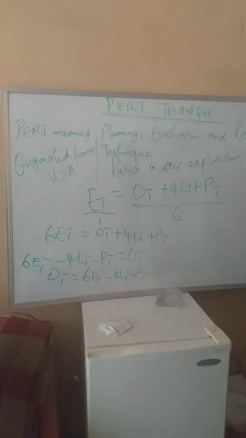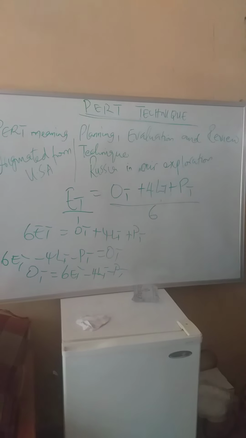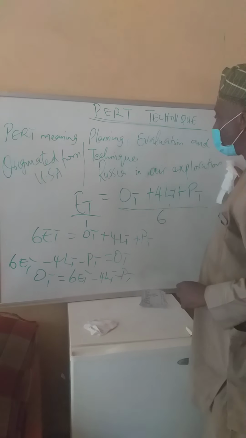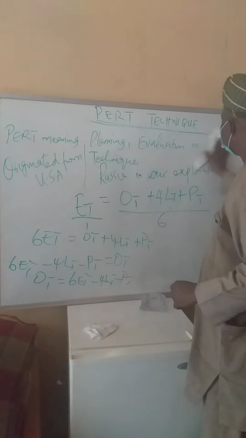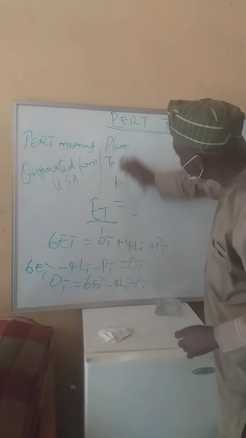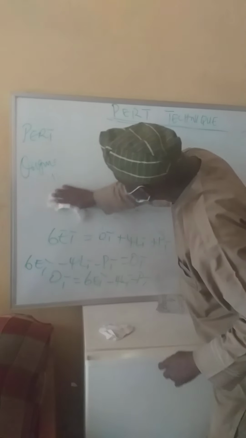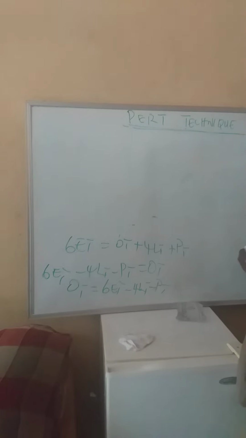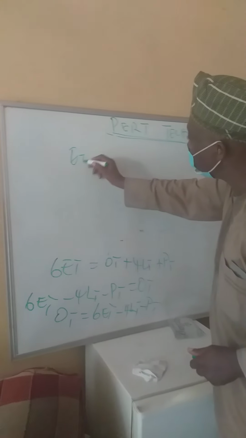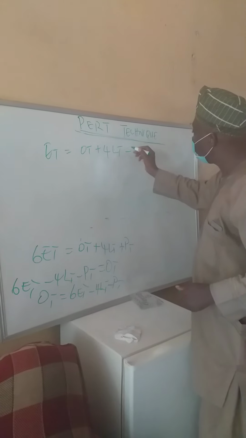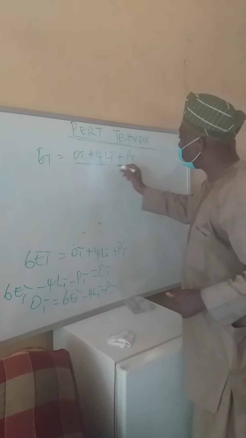Now I want to make LT and PT the subject of the formula before we look at examples. From the formula, ET is equal to OT plus 4 LT plus PT all over 6.